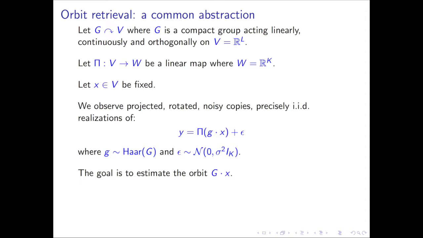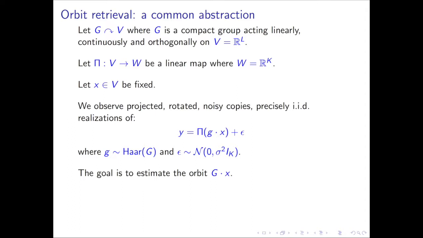Here G is a random group element. At this point in the modeling process, let's take G to be uniform over the compact group. We're going to come back to that. It's very important. And let epsilon just be Gaussian noise, white noise with variance sigma squared. We should think of sigma squared as very large if we want to capture cryo-EM.